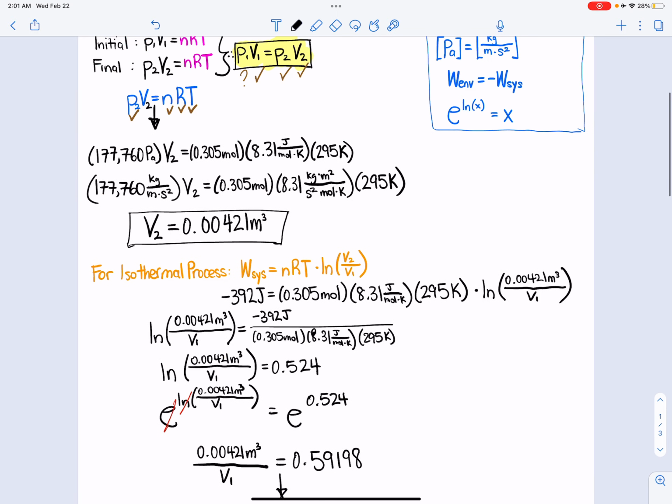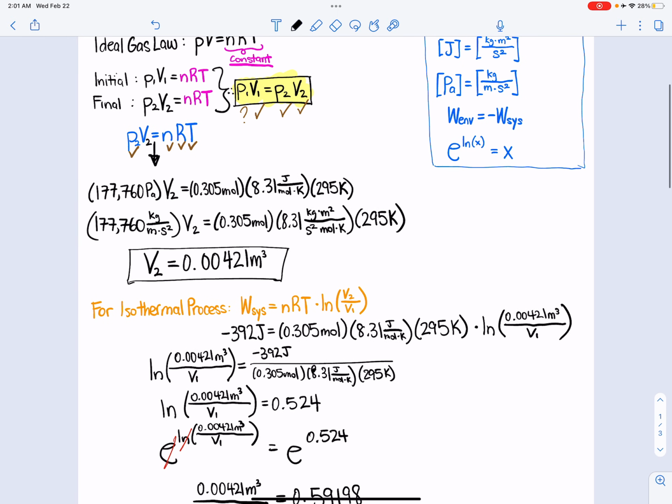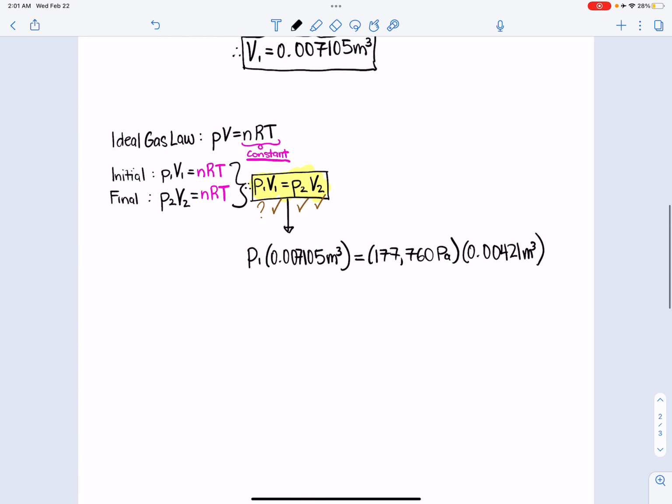That's our volume 2 that we solved right there. And so we find that P1, plugging this in the calculator, right? We find that pressure at state 1 is equal to 1.05 times 10 to the third pascals. Okay?